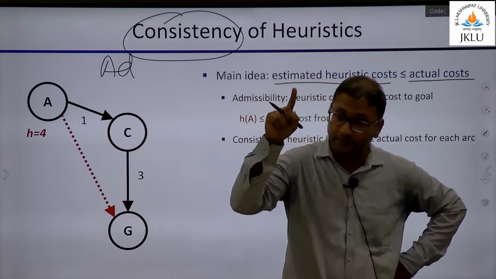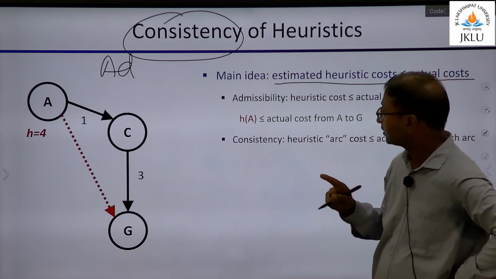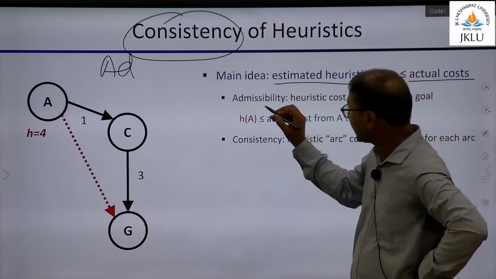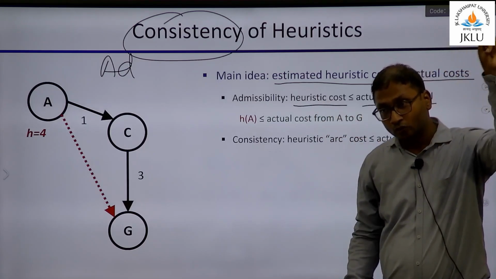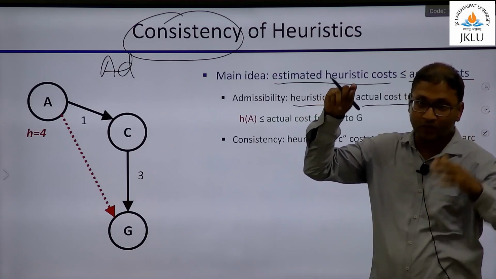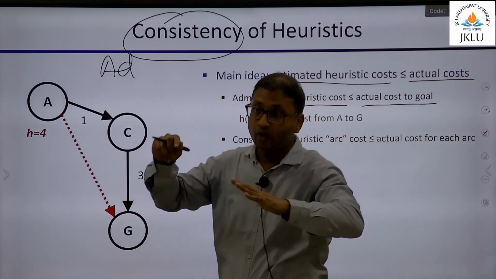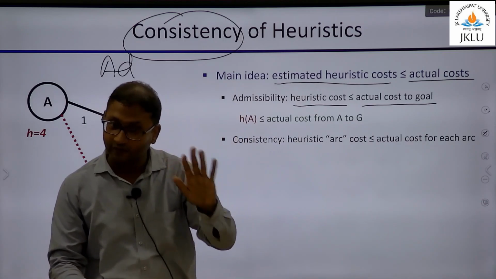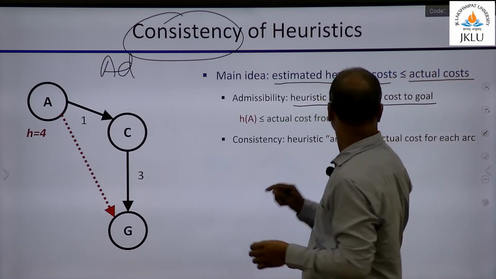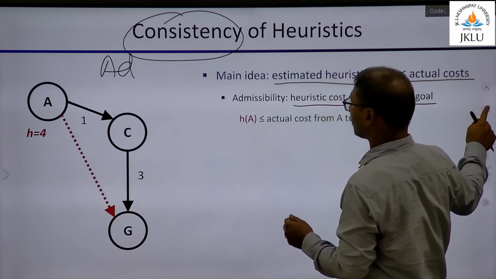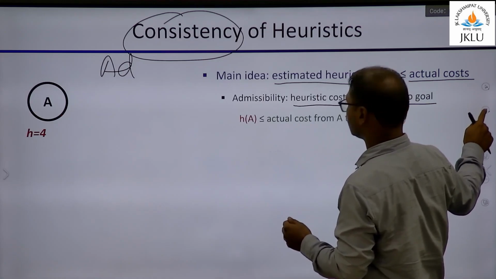It was admissible but not really sufficient. Admissibility is heuristic cost less than actual cost to goal. And actual cost to goal was 1 plus 1 plus 3, 5. All H were less than 5, so they were all admissible. But if I go back there, maybe all of you will appreciate this.